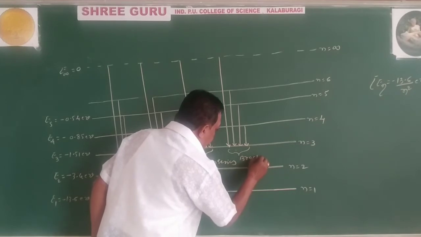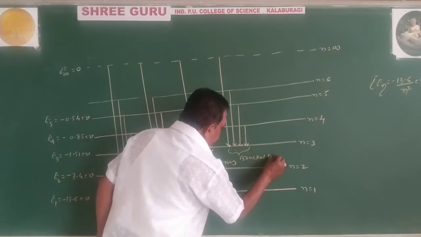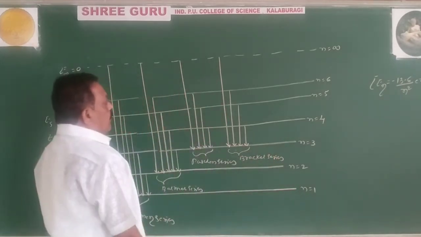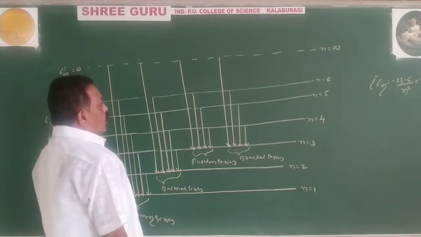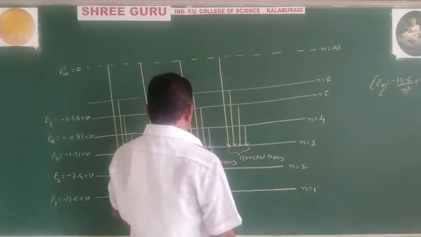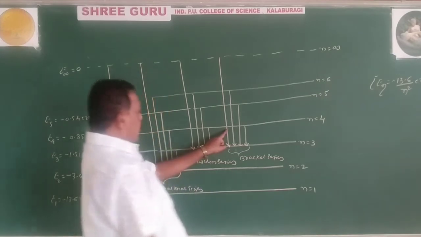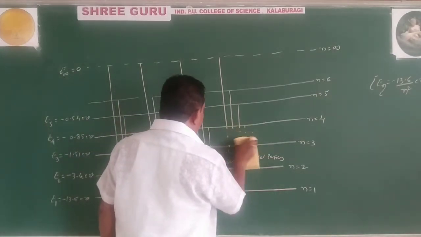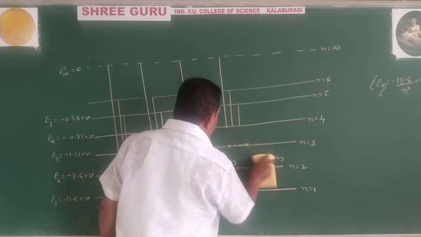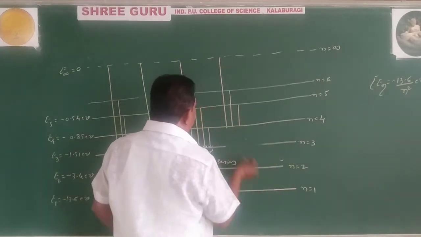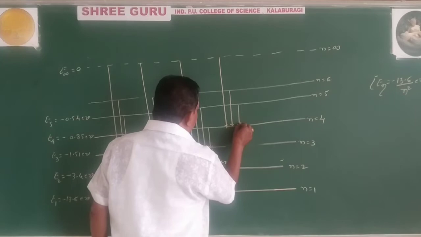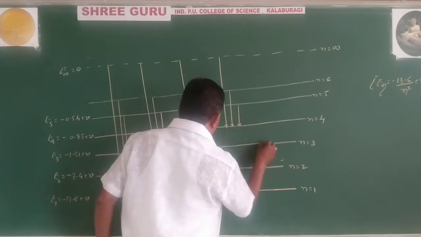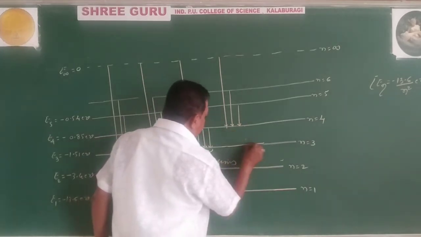This is the Brackett series. Third is done, this must be fourth, take this as fourth. Any higher orbit to the fourth is nothing but the Brackett series.